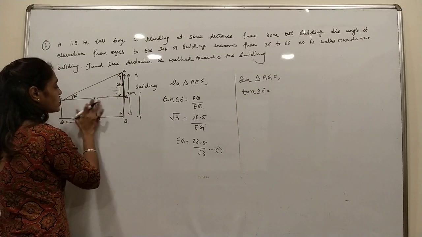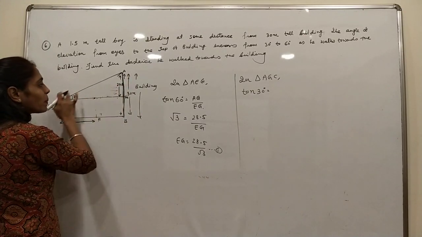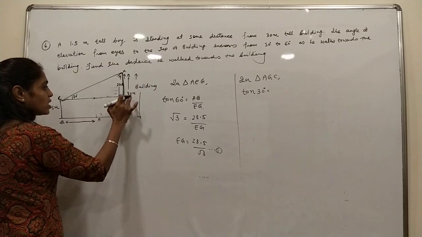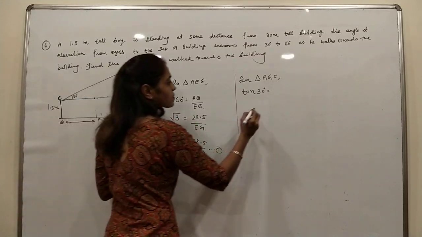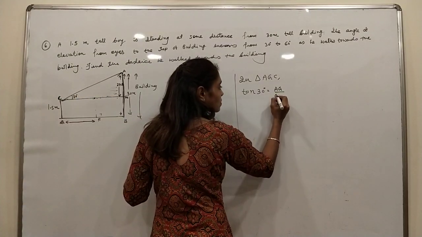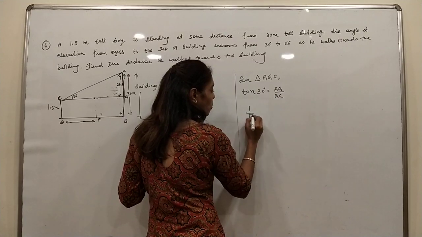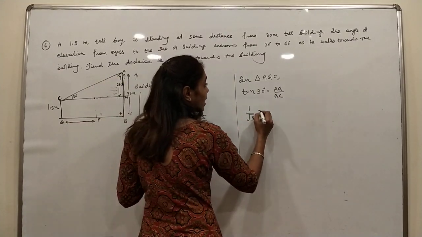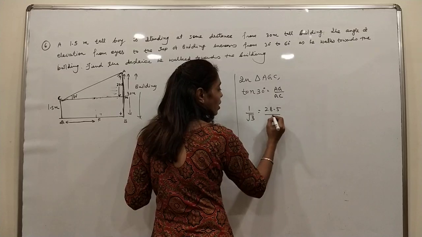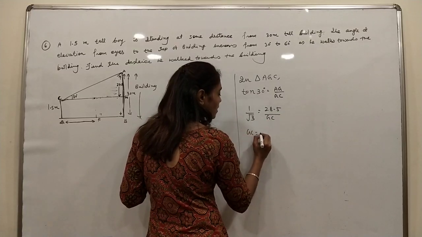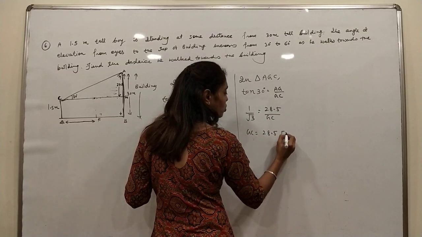AG upon GC is this whole distance, because the big triangle is AG upon GC. Tan 30 is 1 upon root 3. AG is 28.5 upon GC. So GC is 28.5 root 3.